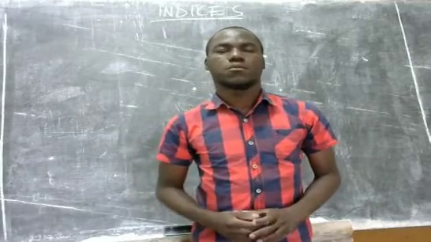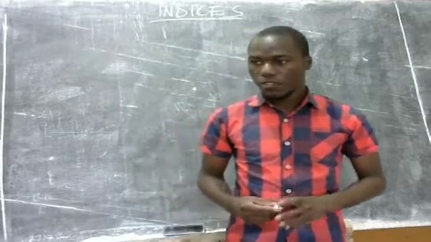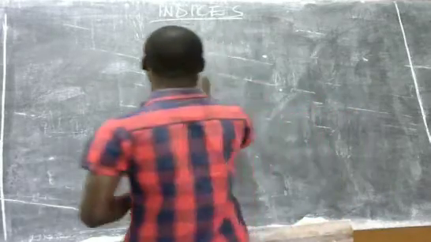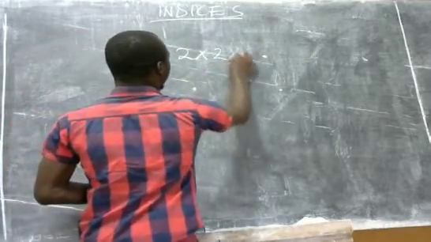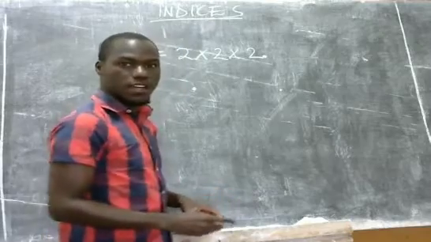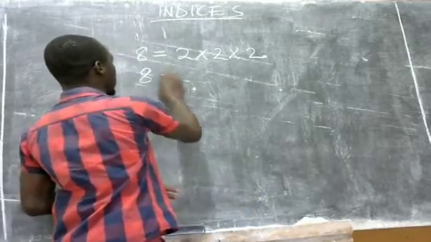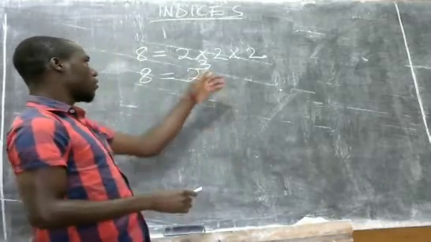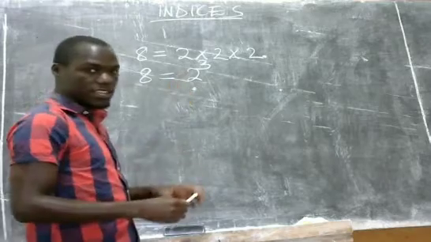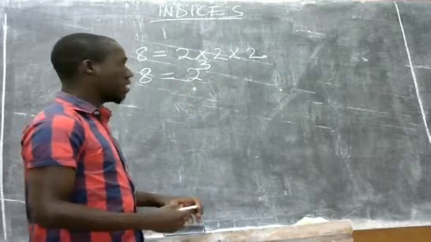Now, you remember when we prime decomposed numbers, for example, 8, this one was 2 times 2 times 2, and then we wrote the 8 as 2 power 3. So the 3 is our index now, it's our power now, it's our exponent now.